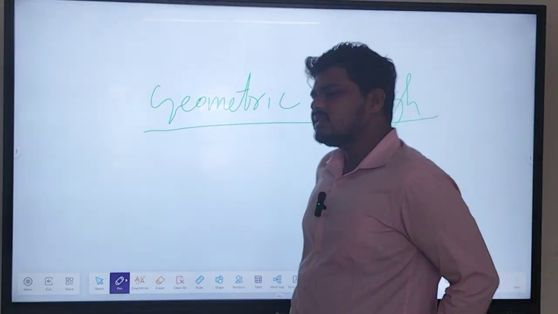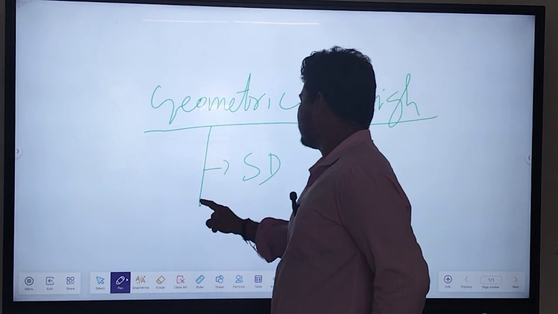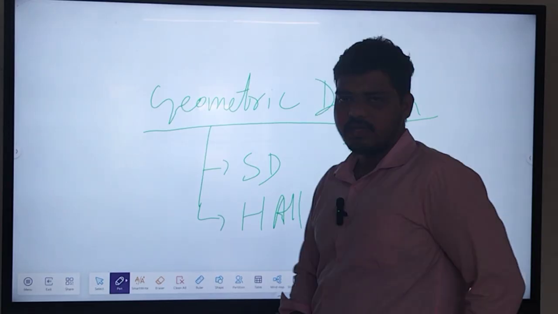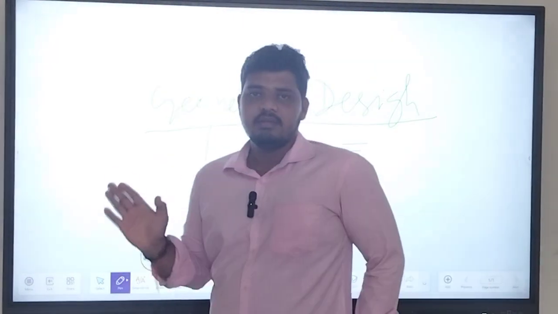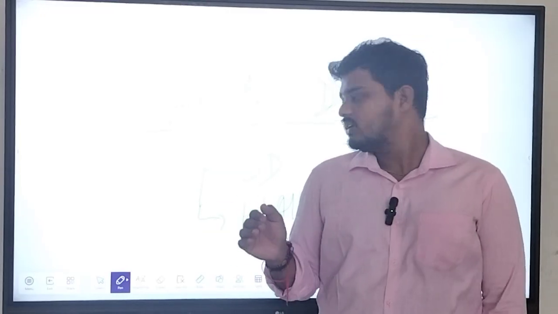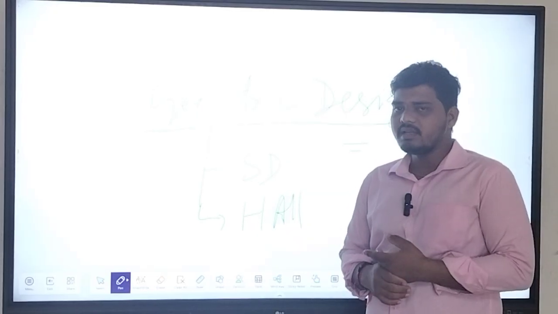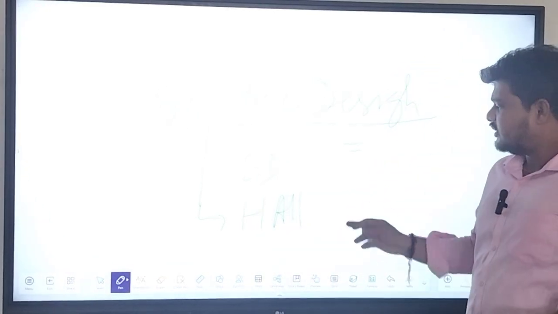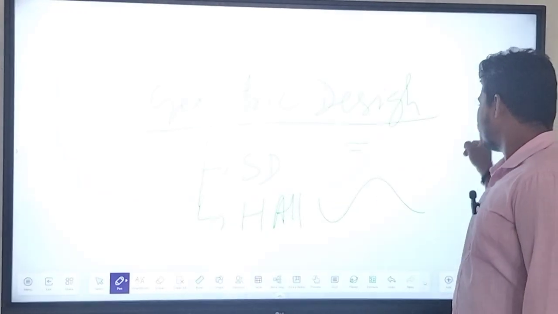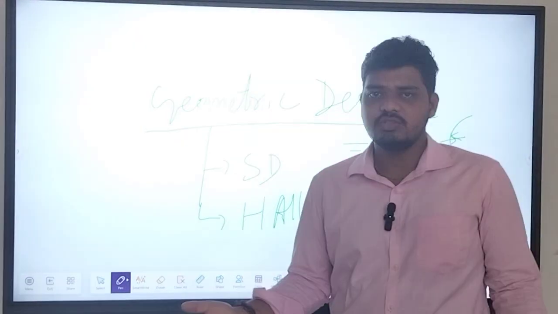Next, in geometric design, we will study horizontal alignment. Horizontal alignment means horizontal curve, the alignment which comes under horizontal alignment. In horizontal alignment, we use super elevation, so we study super elevation.